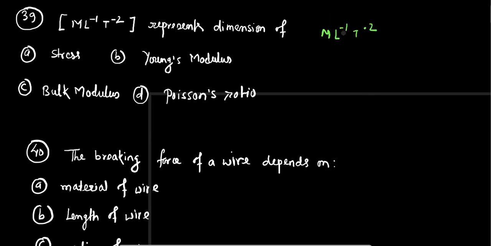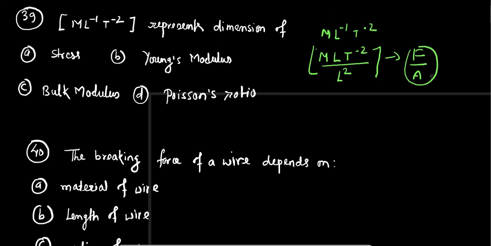Now here if we write it as ML T to the power minus 2, and I'm going to divide it by L squared, so of course it is the ratio of F upon area. Force per unit area is the unit of Young's modulus or stress.